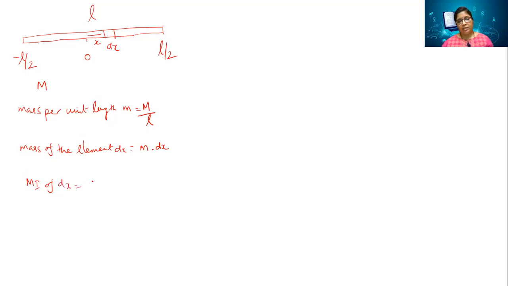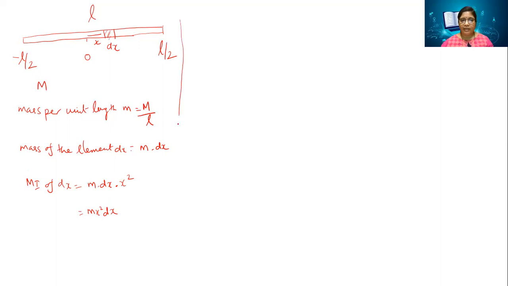You know, moment of inertia is equal to mass, which is m into dx, into the square of the distance. The distance here is x, so the square of the distance is x square. So you have to write m x square dx. This is the moment of inertia of this tiny element dx.